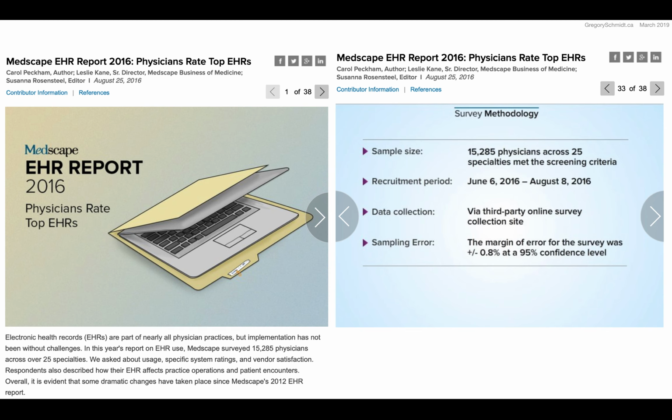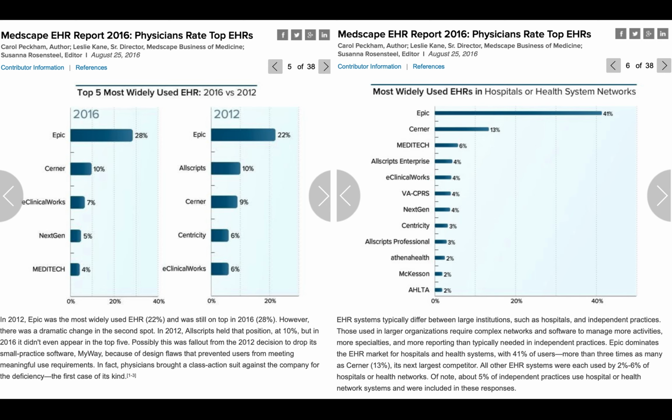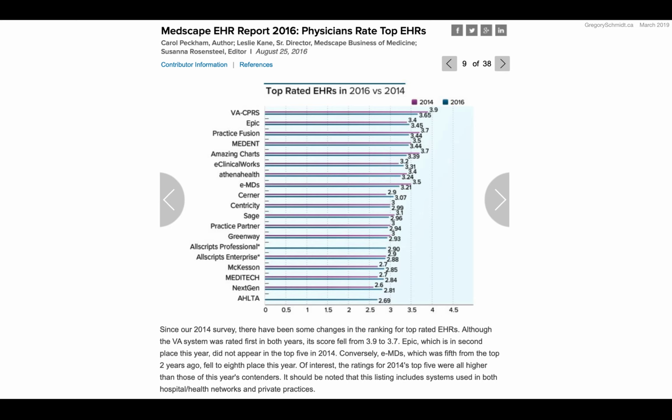Well, what we know, of course, is that the most widely used systems in this survey are Epic, Cerner, Meditech, and Allscripts. eClinicalWorks as well. And when you ask what the top-rated EHR is, we see that the one that comes out on top is actually Veterans Affairs CPRS system.